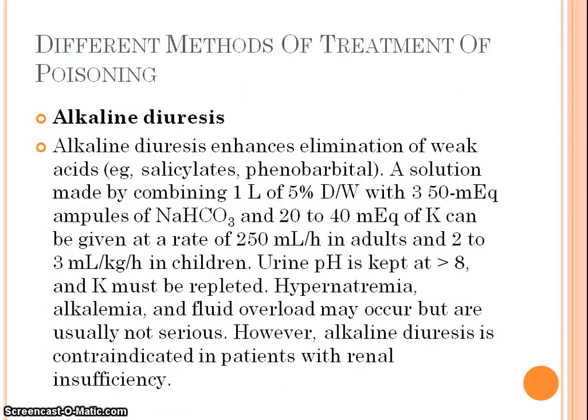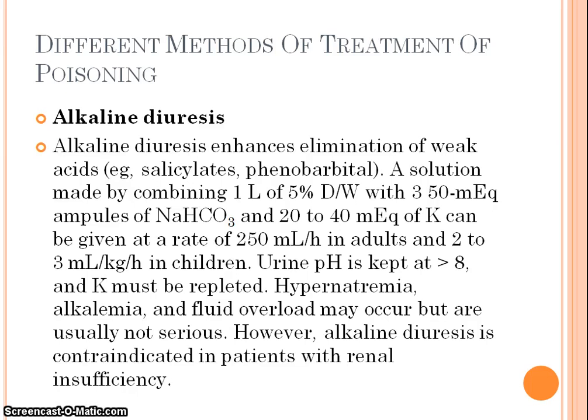Alkaline diuresis. Alkaline diuresis enhances elimination of weak acids, for example salicylates, phenobarbital. A solution made by combining 1 liter of 5% dextrose in water with 3 50 milliequivalent ampoules of sodium bicarbonate and 20 to 40 milliequivalent of potassium can be given at a rate of 250 ml per hour in adults and 2 to 3 ml per kg per hour in children.